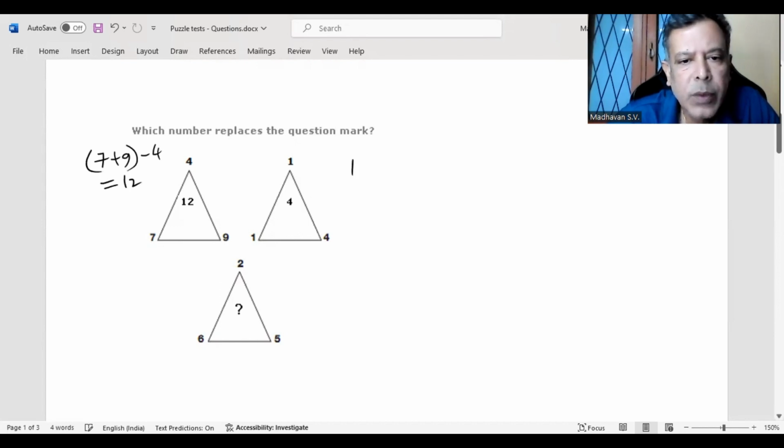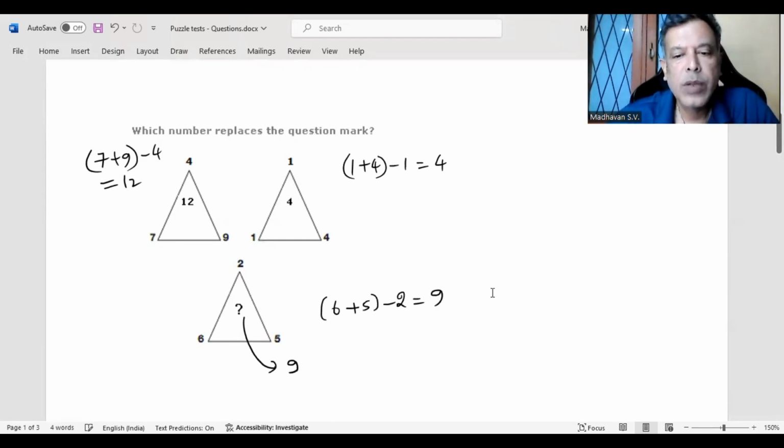Similarly here, 1 plus 4, which is 5, minus 1, we get the middle number 4. Same way here, let us add lower part numbers, which is 6 plus 5 minus 2. This is 11 minus 2, 9. Means the question mark is 9. Let us move on to the next one.